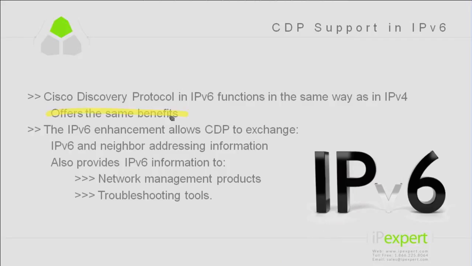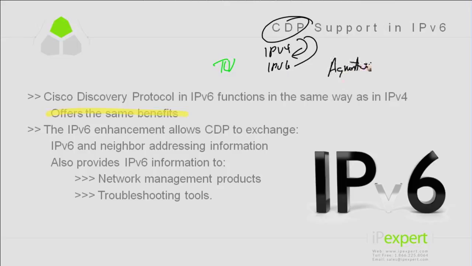It offers the exact same benefits that we have with IPv4. It does it in the same fashion because, again, we have the capability of supporting these TLVs. So the information that's being exchanged can be related to IPv4 or IPv6 because CDP, by its very nature, is going to be protocol independent, or another term that I like to use is agnostic. So it doesn't really care.